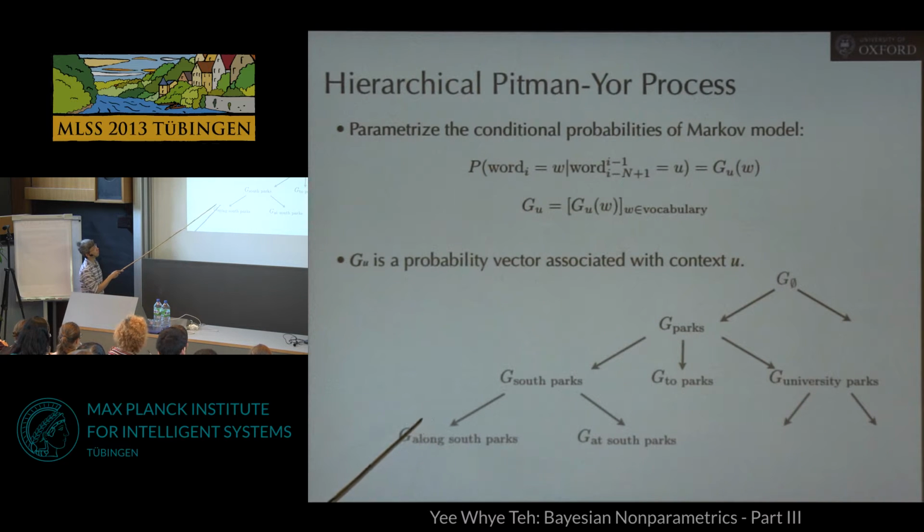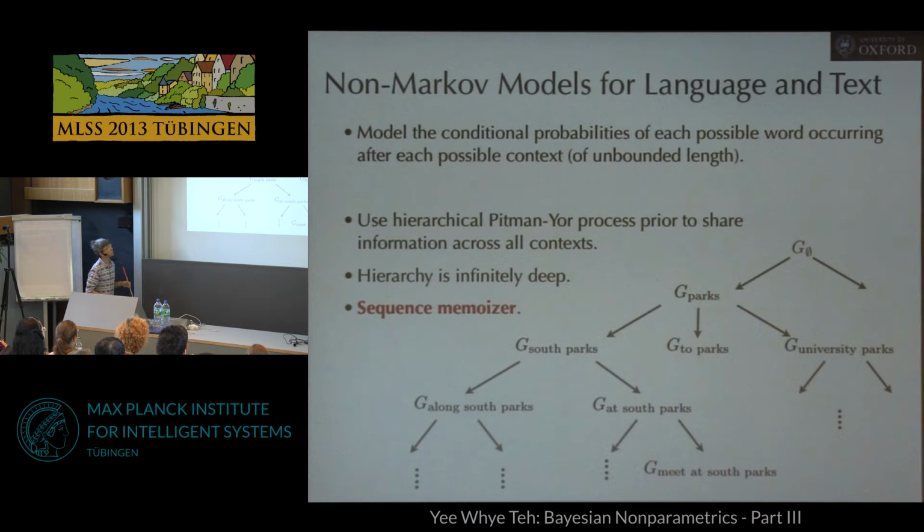So every time we predict a word, we only make use of information from the previous 3 words. In fact, we don't actually need to make that assumption. We could just predict the probability of each word given all the words that I've seen in the past. So we'd like to go from a Markov model to a non-Markov model.